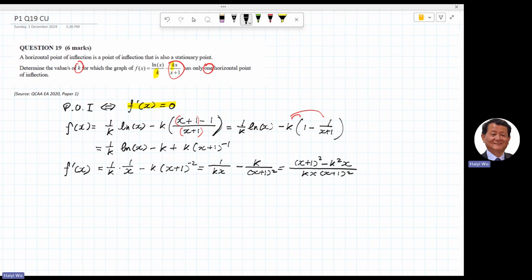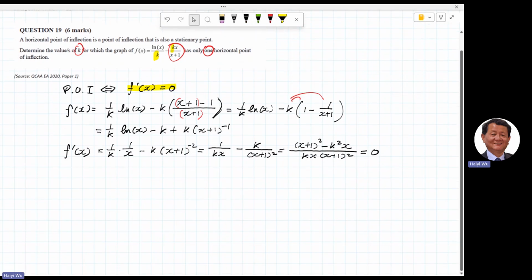All right, we let it equal 0 because we want to solve for a stationary point. So the numerator must be equal to 0. Therefore (x plus 1) squared minus k squared x equals 0.